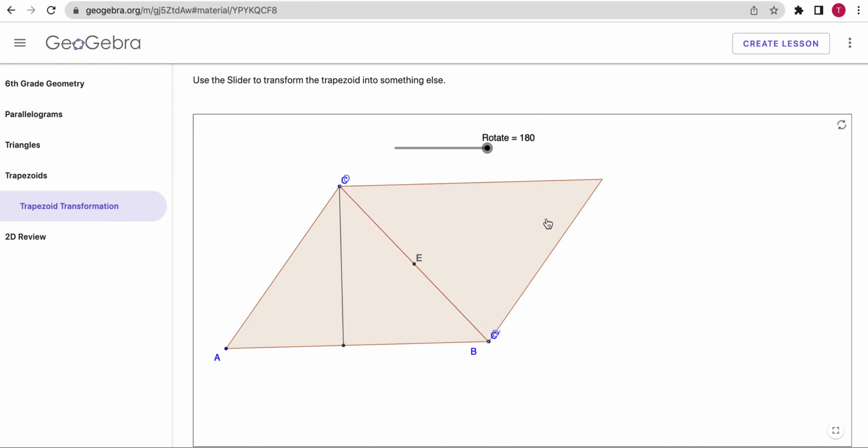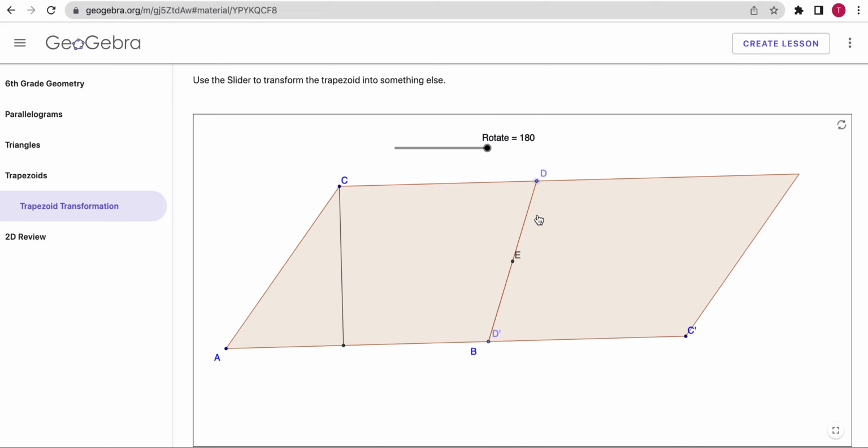Just by messing around, moving some points, experimenting with different things on this activity, you can see that you can manipulate different shapes into finding a formula that works for you. Say I don't know the area of a parallelogram off the top of my head.